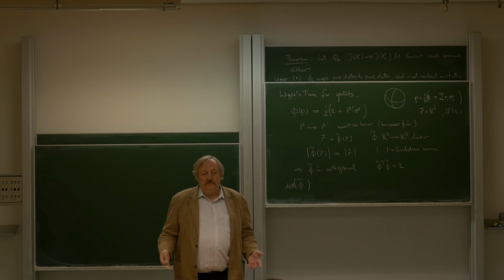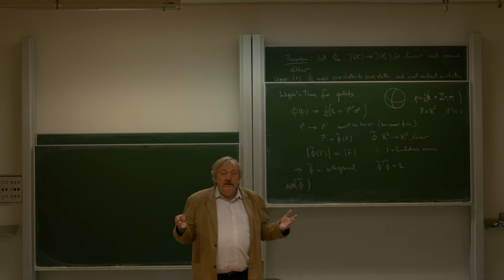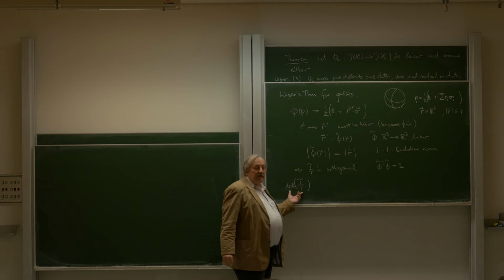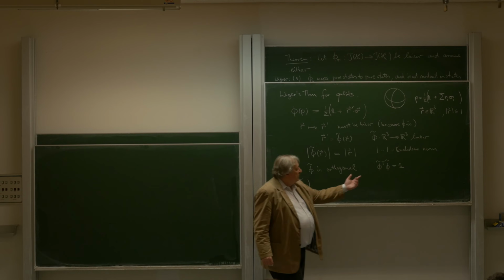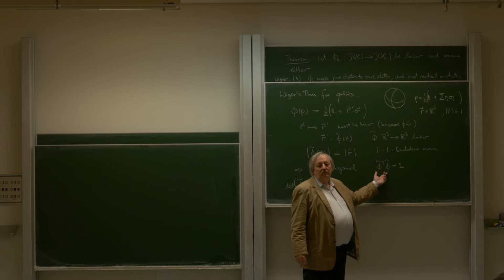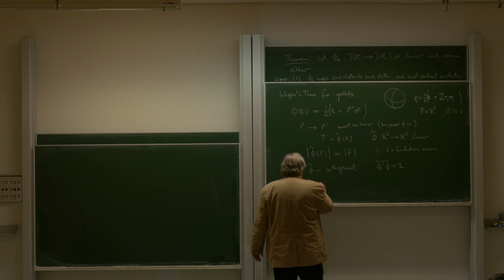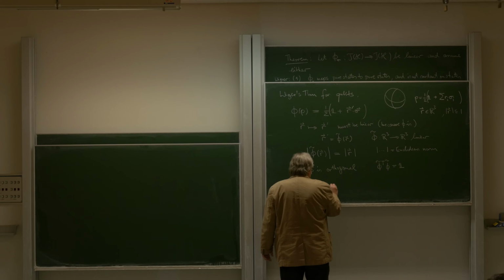So we have an explicit formula for the determinant in terms of the matrix elements, and therefore this is a real number. And from this equation, you see that this number has to have absolute value 1. Right? Now there are only two ways, right? So this has to be plus minus 1.